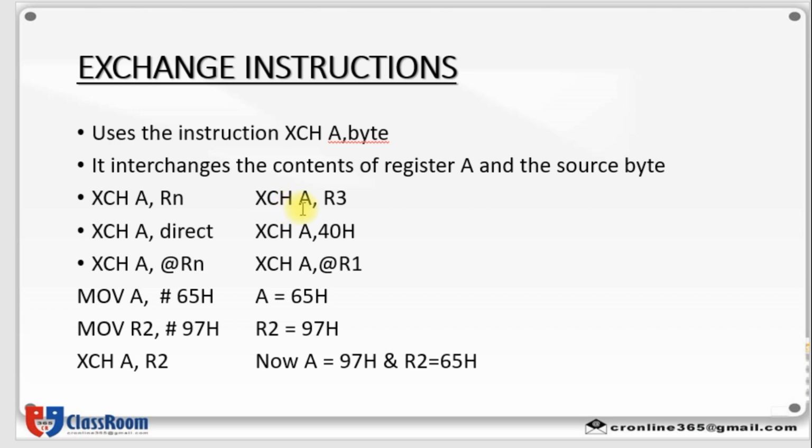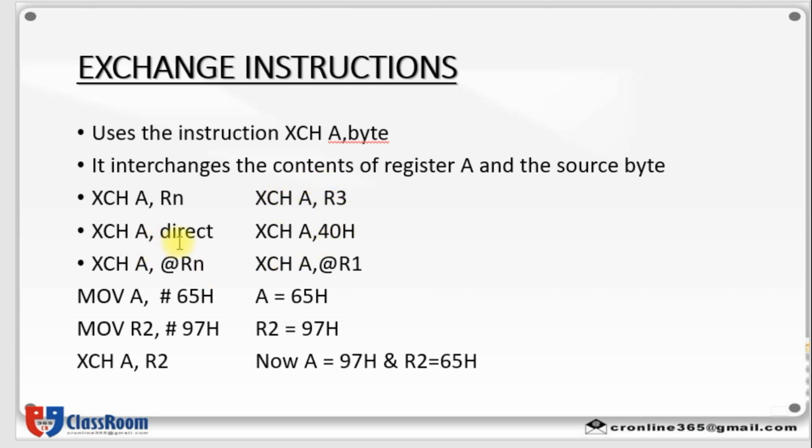Here Rn can be R0 to R7, say R3. So, A will be having the value of R3 and R3 will be having the value of A. After performing this instruction, the accumulator will be having the contents of register R3 and register R3 will be having the contents of accumulator.